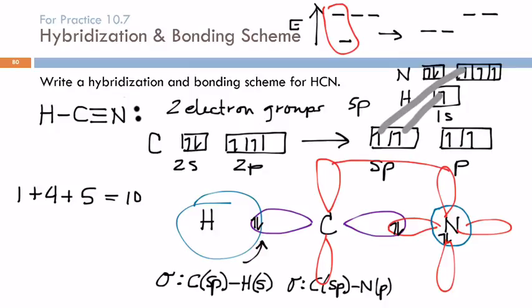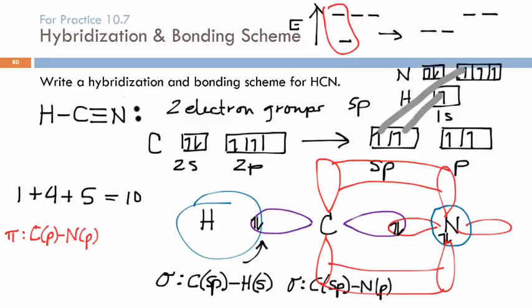And those are going to overlap side to side. How do we describe that bond? It's a pi bond. I'm going to write it over here. It's a pi bond between what orbital on the carbon? P. A p. And on the nitrogen? P. So this is the description for this bond.